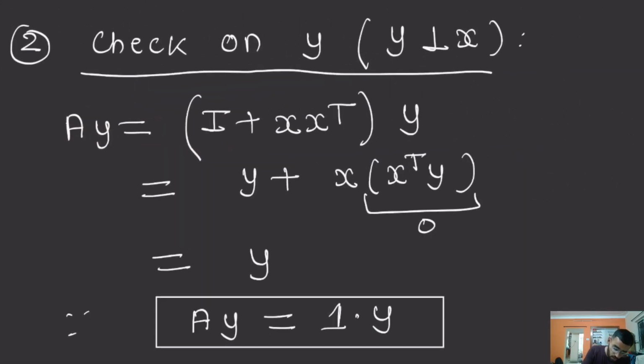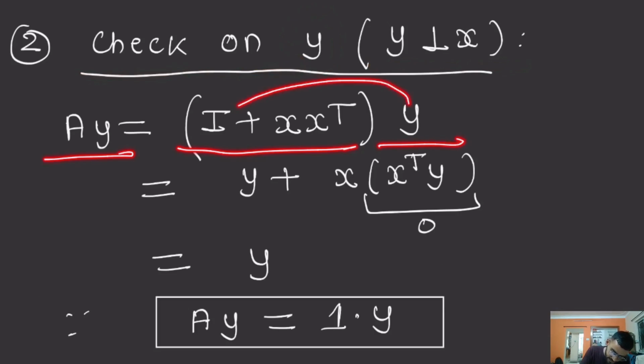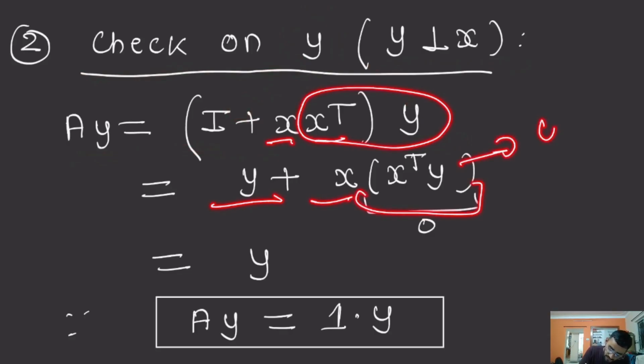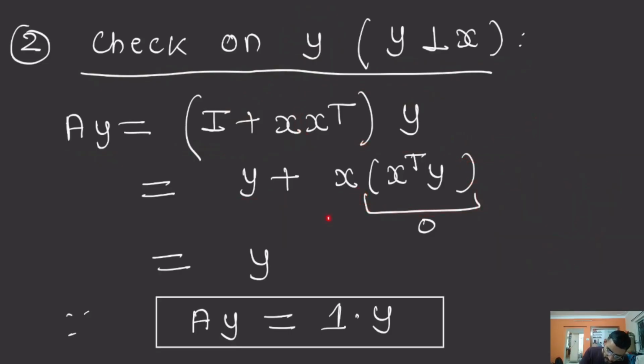Now we will check how it acts in the direction of y, which is perpendicular to x. So Ay is equal to this term into y. If we take this inside, this will become y plus x into x transpose y. But this term is 0, as we know, because y and x are orthogonal, perpendicular to each other. This term vanishes, and Ay is equal to y.